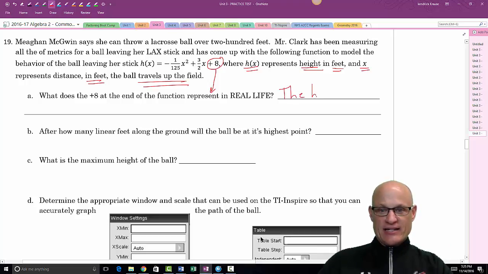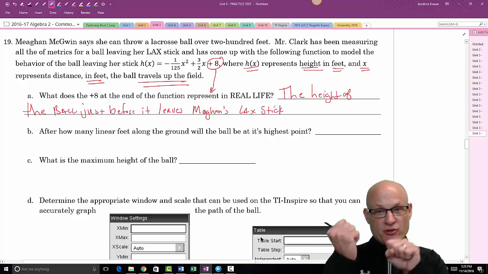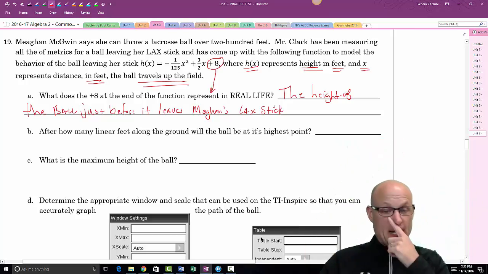So it is the height of the ball just before it leaves Megan's lax stick. Oops, I forgot the A. Sorry, Megan. So you think about it, she's throwing it in the air. It's about 8 feet in the air. That's how high the ball is just before it leaves her stick.